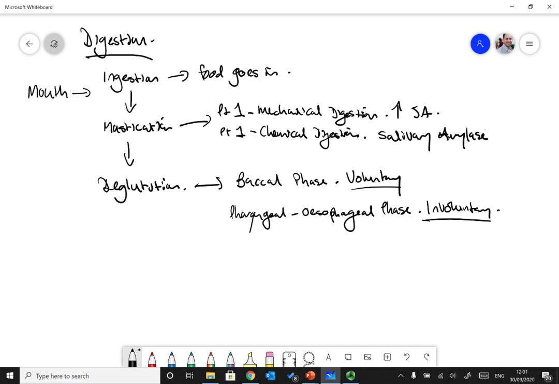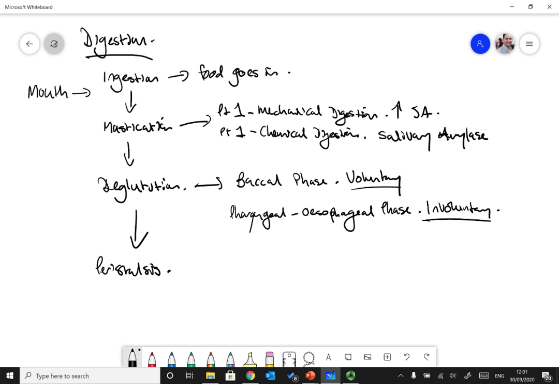So part one is voluntary, part two is involuntary. After that, we go into moving the food further into our esophagus, which is then under the control of peristalsis. For completion purposes, let's do that.